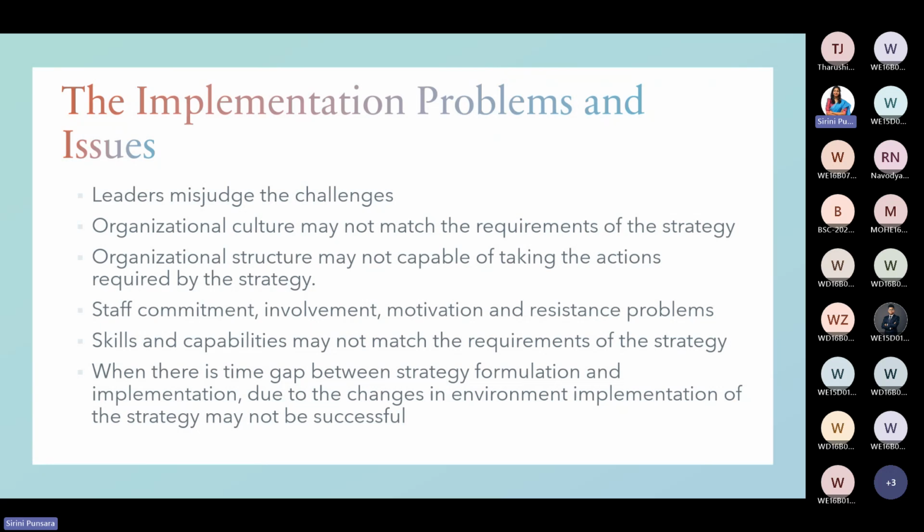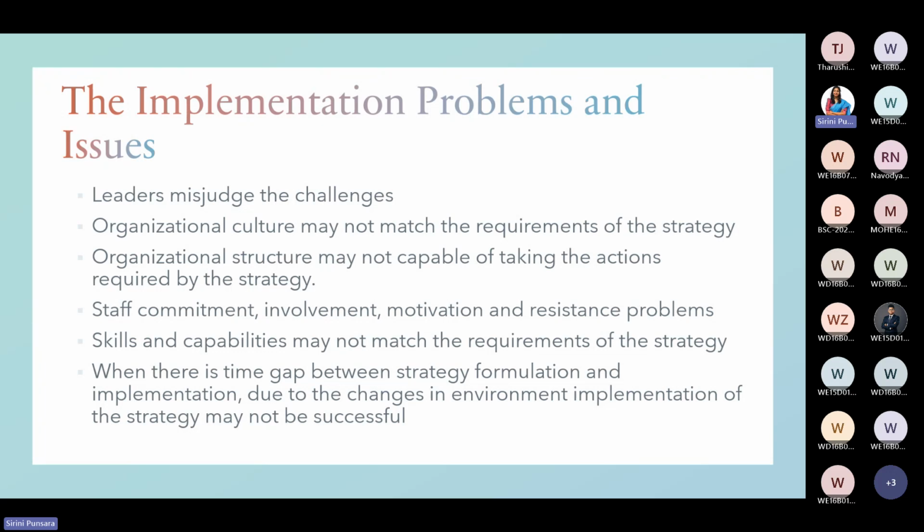When we identify risks or future scenarios, sometimes there can be miscalculations or misjudgments, because what we imagine or predict can differ from what is actually happening. In that case, implementation can go wrong.